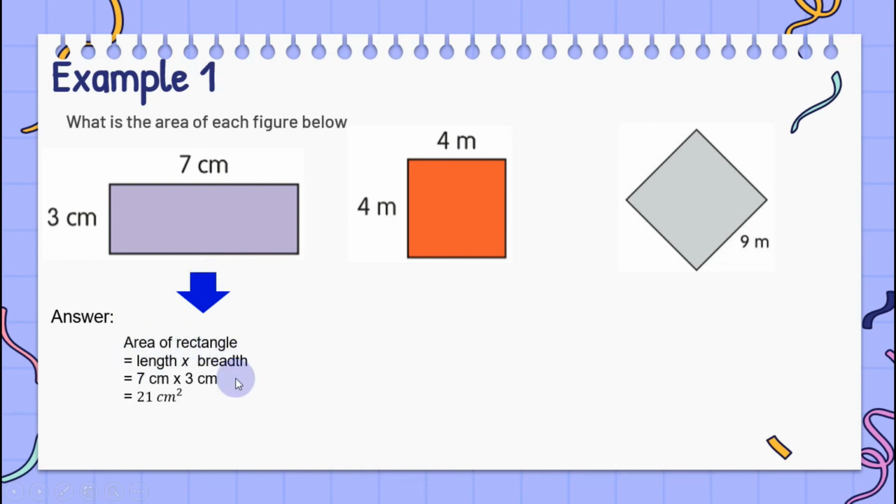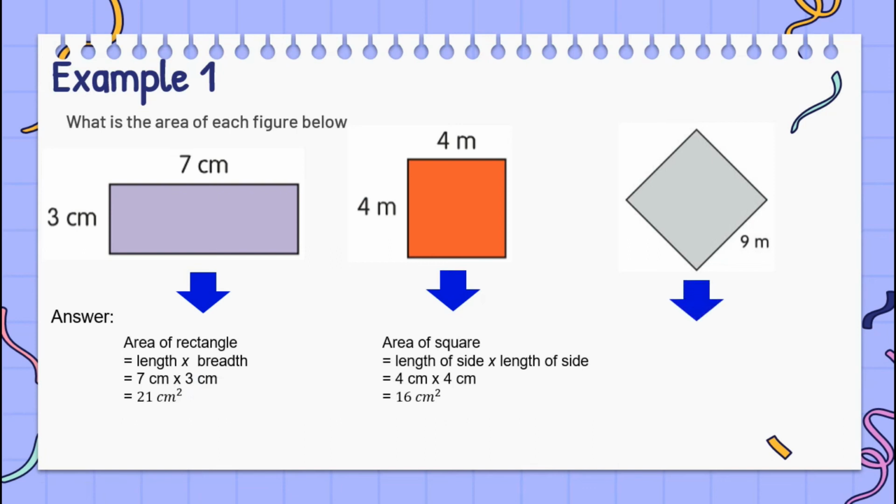Length times breadth. 7 times 3 equals 21 square centimeter. 4 times 4 equals 16. 9 times 9 equals 81.